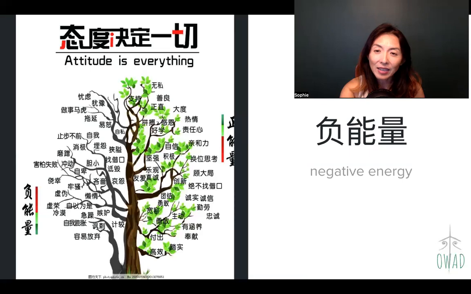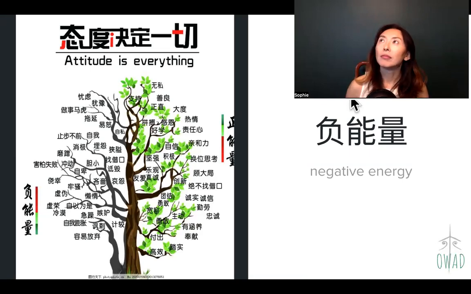And I guess negative energy, I don't see it as an original Chinese concept. It has to be translated from the West. So when the West, either from physics or from psychotherapy, talks about toxic energy or a toxic person, and this negative energy or spirituality, right?